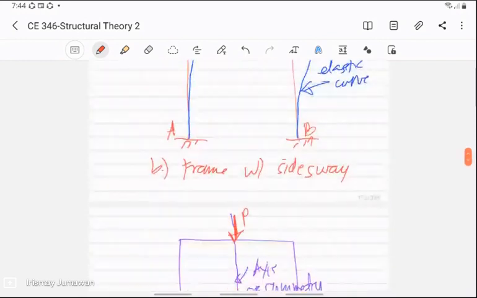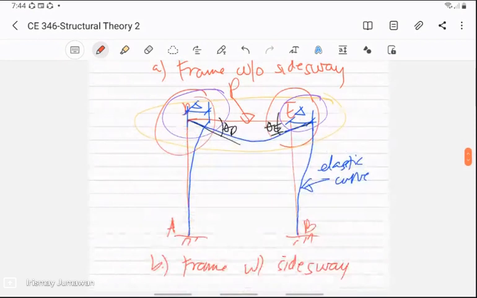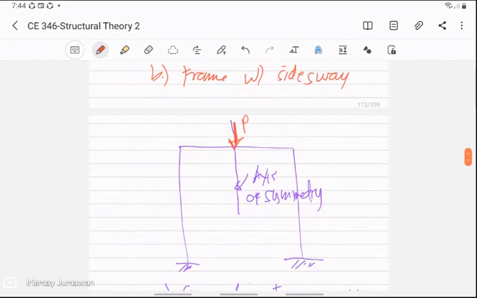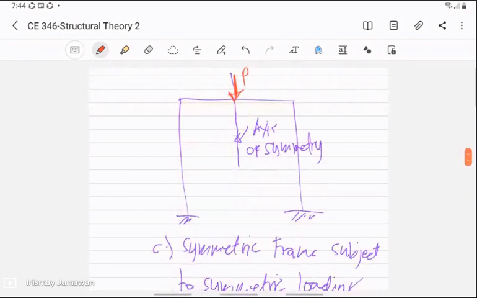For condition B, the degree of freedom for side sway is equal to 1. So it means there is a member that can undergo translation and rotation. You have to check, okay? That frame is with side sway. But we can still analyze the frame without side sway if the load is at the axis of symmetry.